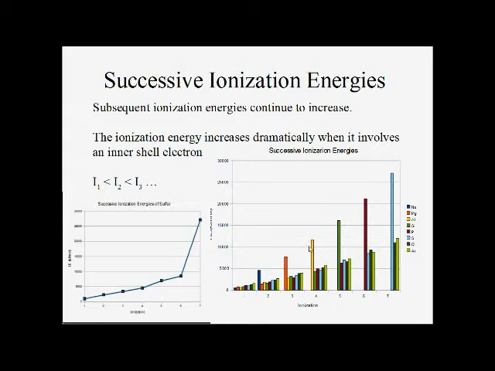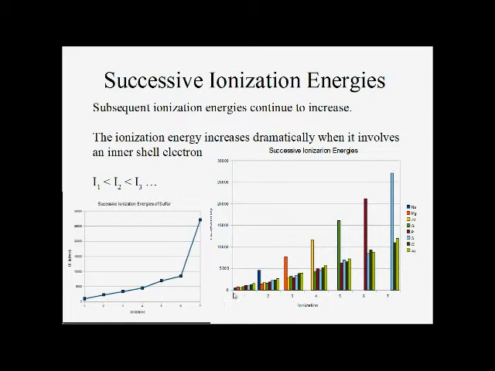Magnesium is a third. Aluminum is a fourth, silicon is a fifth, phosphorus is a sixth, sulfur is a seventh. So the trend on this one is that after we remove all the valence electrons, the outer shell electrons, removing an inner shell electron is a dramatic increase in ionization energy.